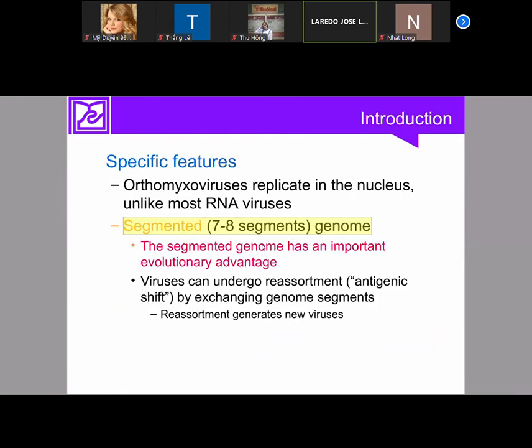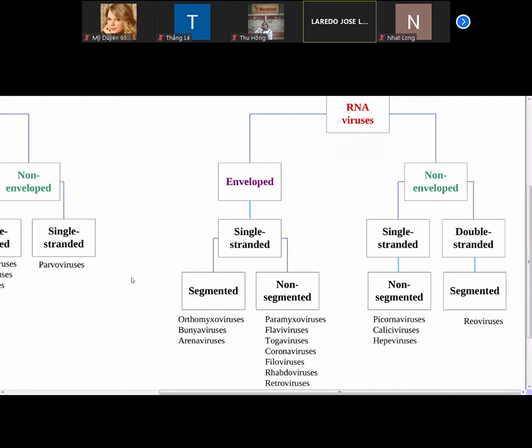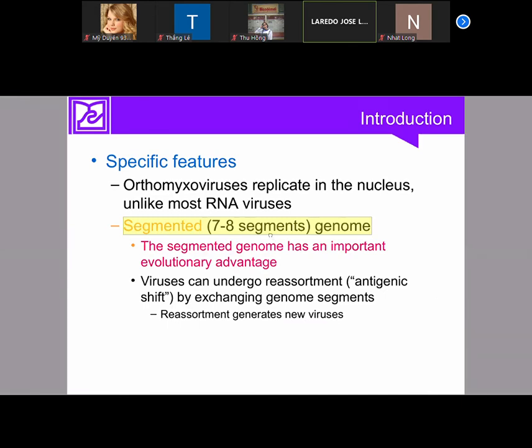Very few viruses have a segmented genome, very few. Only orthomyxoviruses, the influenza viruses that we study today, Bunyaviruses, arenaviruses, that unfortunately we don't have time to explain because the class is very short, and reoviruses. They also have a segmented genome. And a segmented genome has a very important advantage.